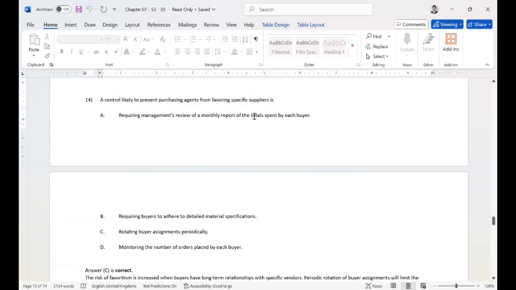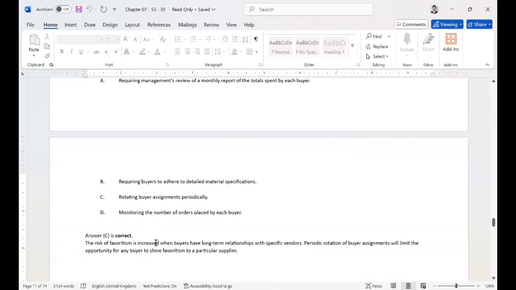Requiring management's review of a monthly report? No, management review will be detective. That is out. Requiring buyers to adhere to detailed material specifications? That does not mean this is about supplier bias. Rotating buyer assignments periodically means you rotate the suppliers; otherwise every time one supplier is given the order. Monitoring the number of orders placed by each buyer is also okay, but monitoring the number of orders is also not going to prevent it.